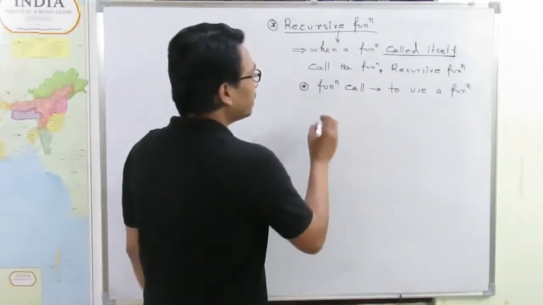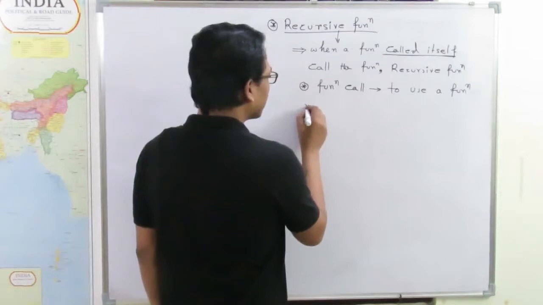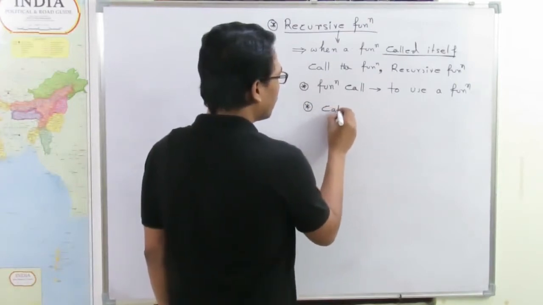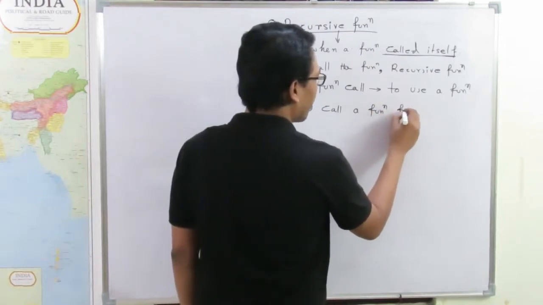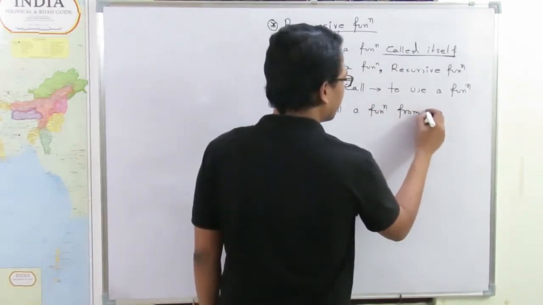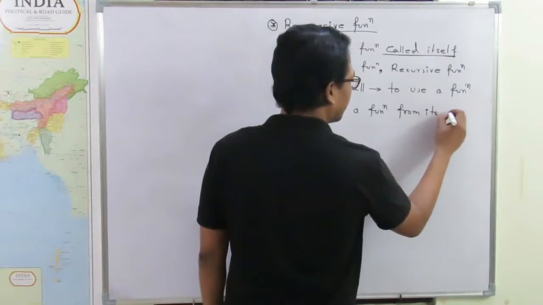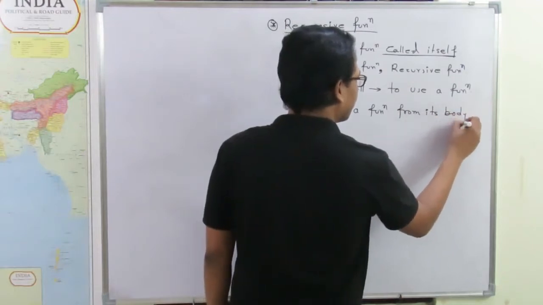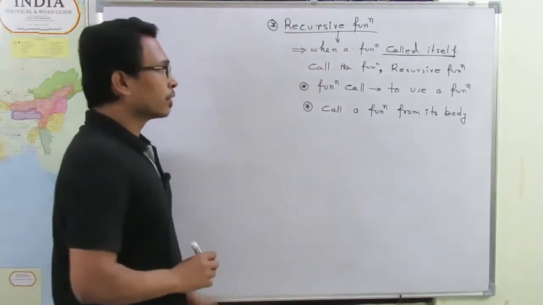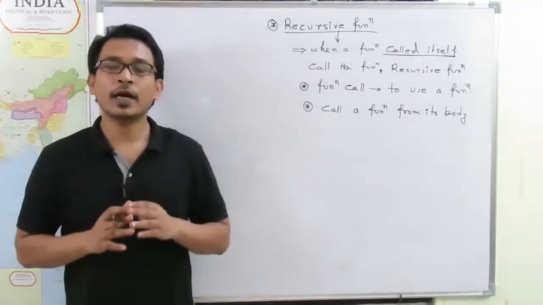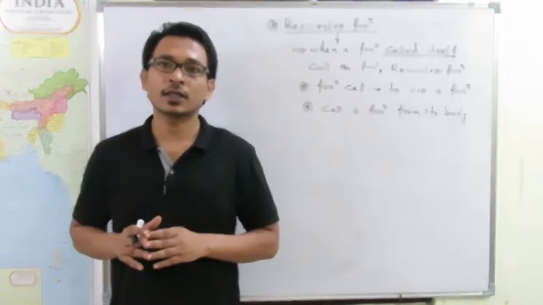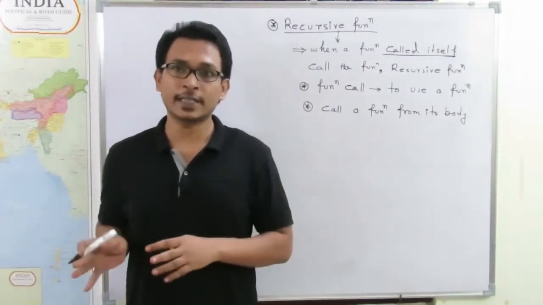Now what does it mean by called itself? Look, when called itself means call a function from its body. Now call a function from its body, that means we are going to use the function from its body itself.